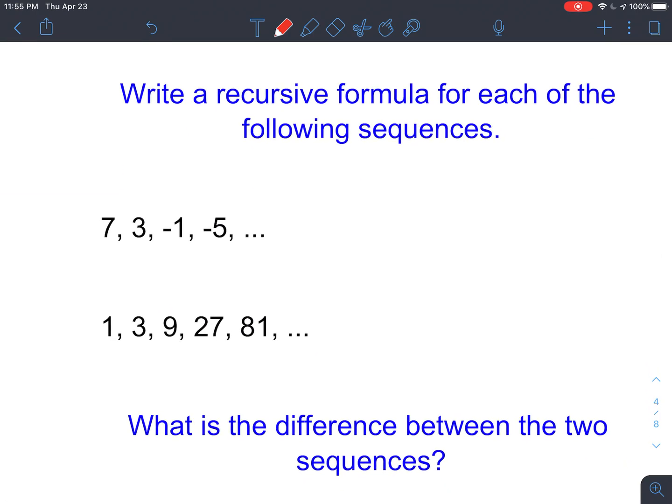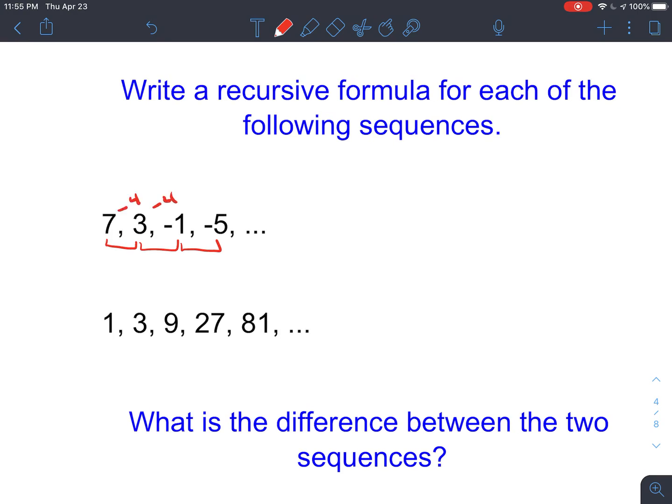Okay, so let's write a recursive formula for each of the following sequences. So we're going from 7 to 3, 3 to -1, -1 to -5. What is our pattern there? Well, we're getting from bigger to smaller, so we're either subtracting or dividing. In this case, we will be subtracting 4 from term to term. So what do we need for our recursive formula? Well, we need a sub 1, the first term, 7.